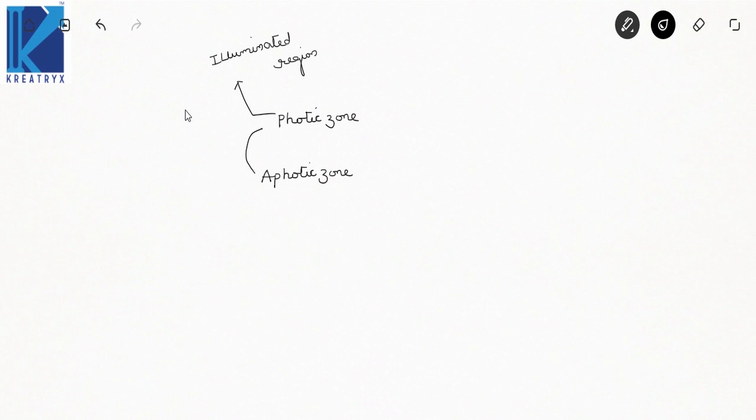And again, this photic zone is divided into three zones called the euphotic zone, the next one is the dysphotic zone. These are divided based on light penetration.